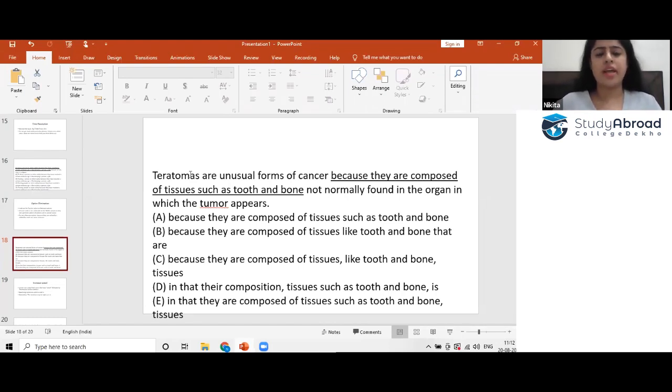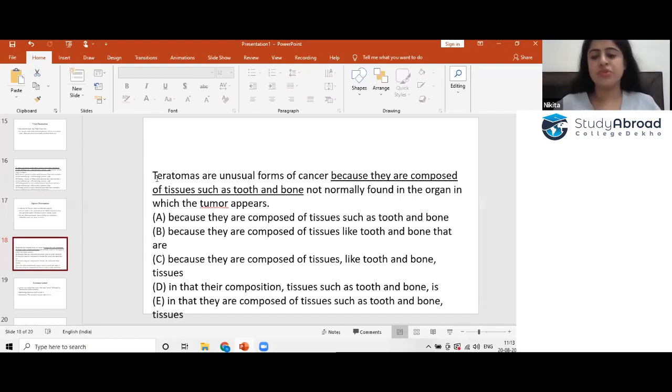So don't waste your time asking yourself what could be the right pronunciation of this word. That's truly a waste of time. Just read it like T. Okay, T are unusual forms of cancer because they are composed of tissues such as tooth and bone, not normally found in the organ in which the tumor appears.